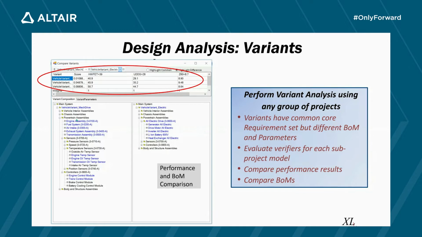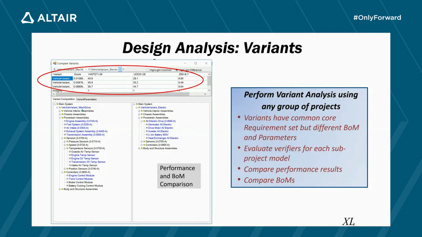You can also compare two at a time by the drop down up here, selecting the models you want to compare the bills of material for. There's a parts list, whether logical or physical, associated with each one.